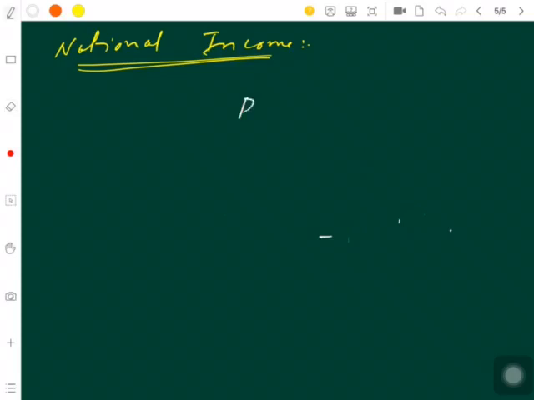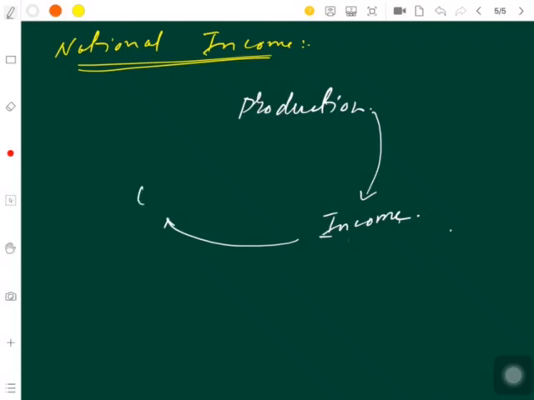Production, second thing is income, third thing is expenditure. This is the circular flow of income as well.